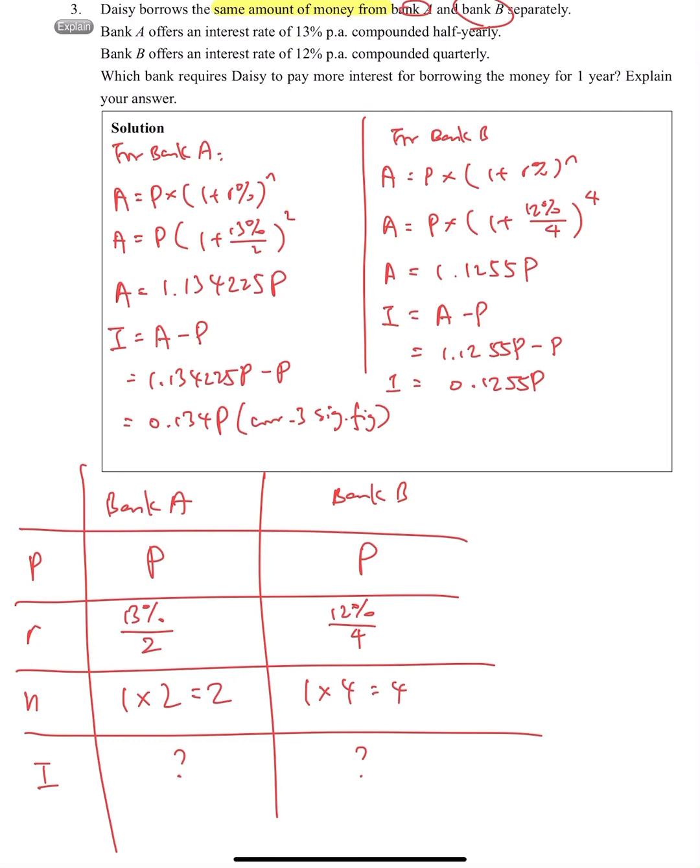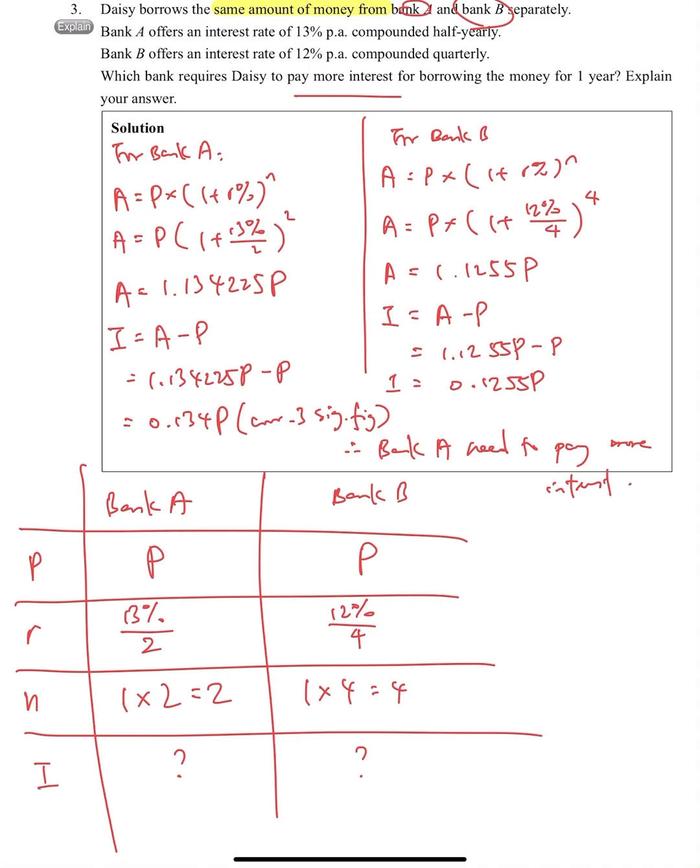So you can see from here, Bank A requires 0.134P, but for Bank B it is only 0.1255P. So for Bank B, the interest is actually less than Bank A, and they're asking which bank needs to pay more interest, so we can say that Bank A needs to pay more interest.